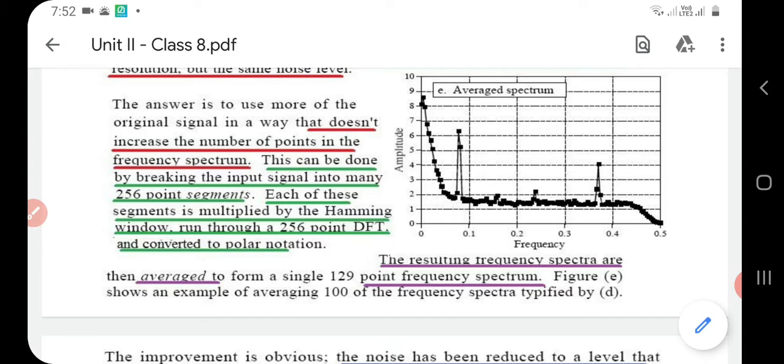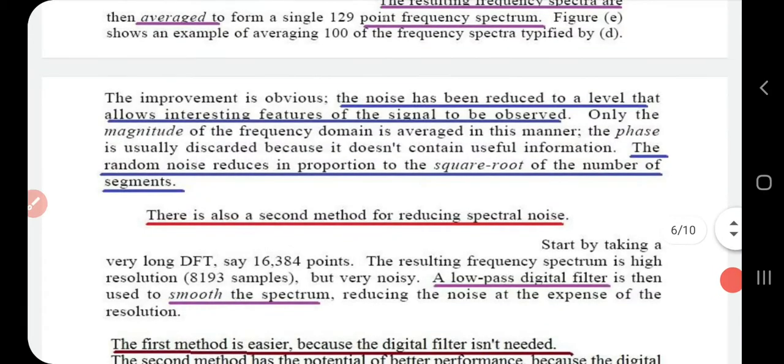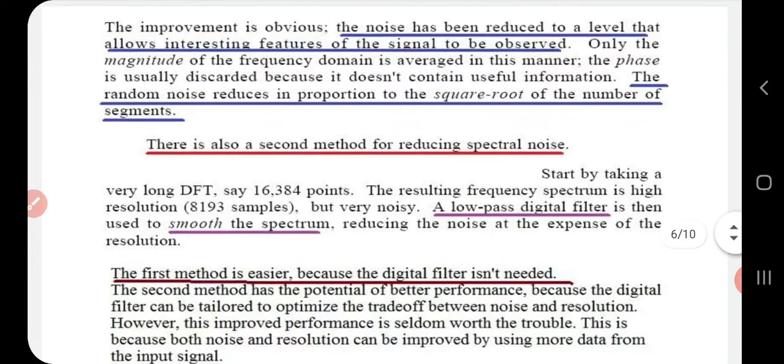Instead of using a longer DFT, we reduced the noise level by breaking the original signal into a number of segments, multiplying each segment by the Hamming window to get the windowed signal, subjecting it to DFT, converting to polar notation, and finally averaging to get the average spectrum. The noise has been reduced to a very low level, and this reduction in noise is proportional to the square root of the number of segments.